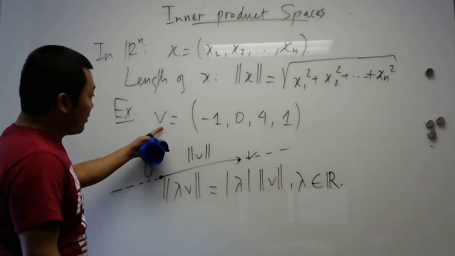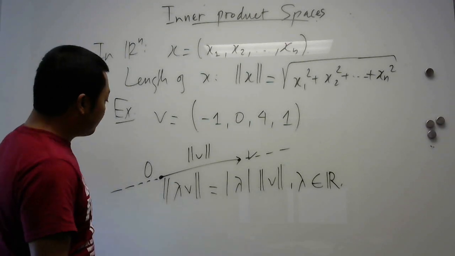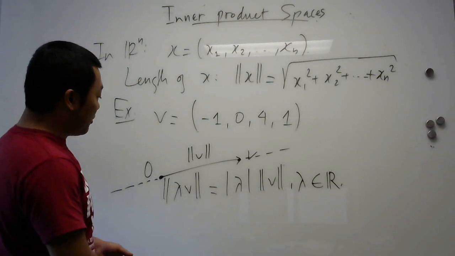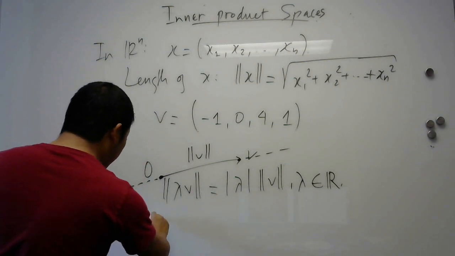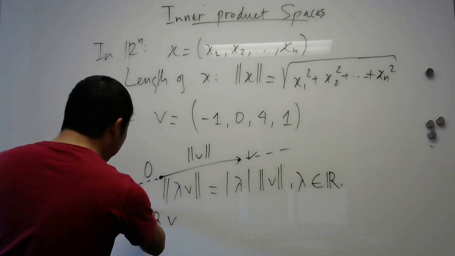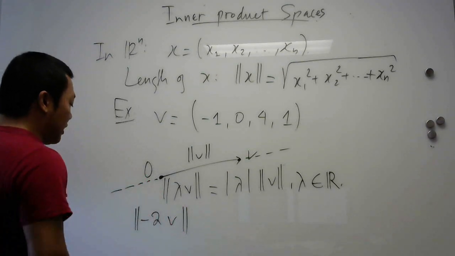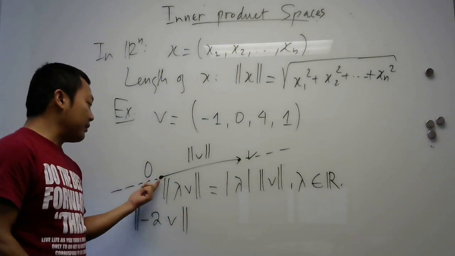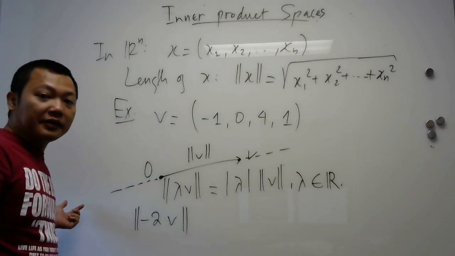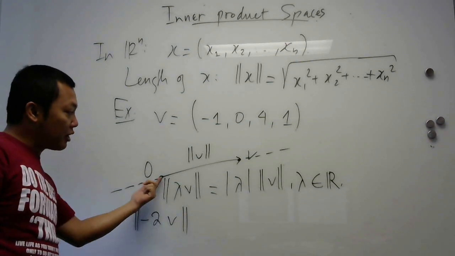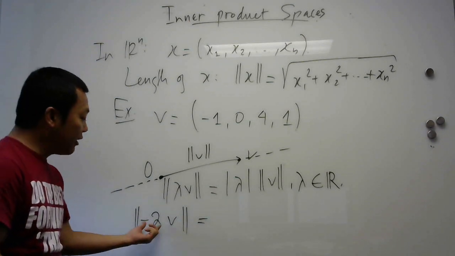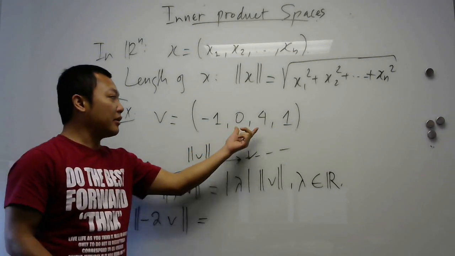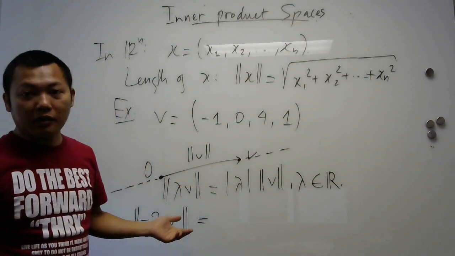Now, for example, if you pick this v and you want to find the norm of negative 2v, we multiply by a negative, which means we just change the direction of v with respect to the origin. Usually you have to multiply negative 2 with all entries of v, but we don't have to do that.